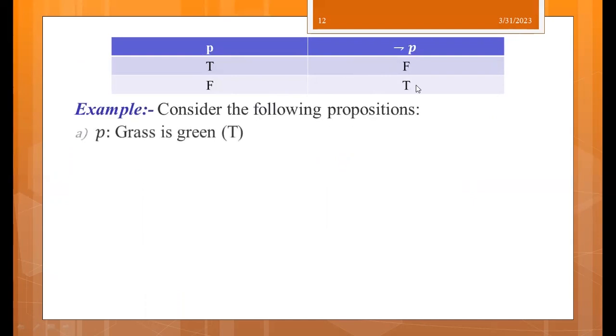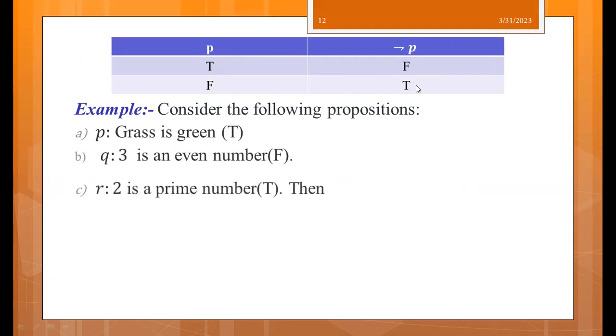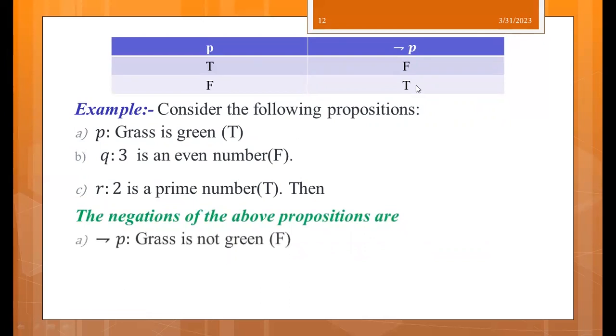The examples could be, let us consider again these three simple statements, so that we can form the negations of the propositions. The first one, negation of P: because grass is green, its negation will be, grass is not green. Here P was true, but its negation becomes false.